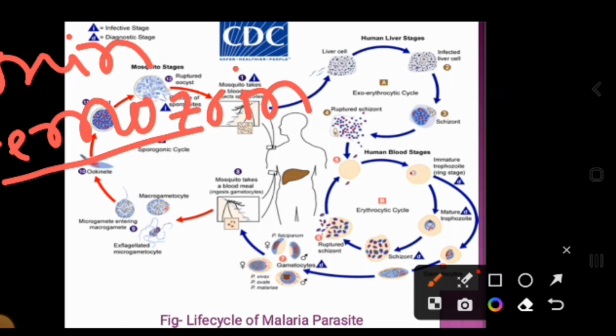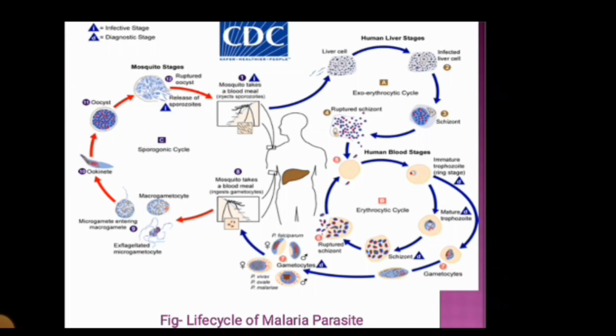malaria. The stages that occur in the erythrocytes are known as the erythrocytic cycle, and these stages also occur through asexual reproduction. Some mature trophozoites are then converted to gametocytes, which are the precursors for the sexual reproductive cycle.